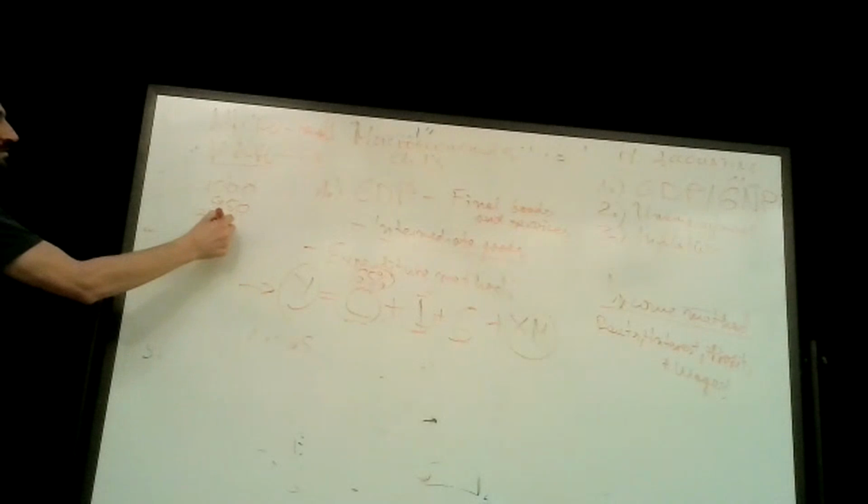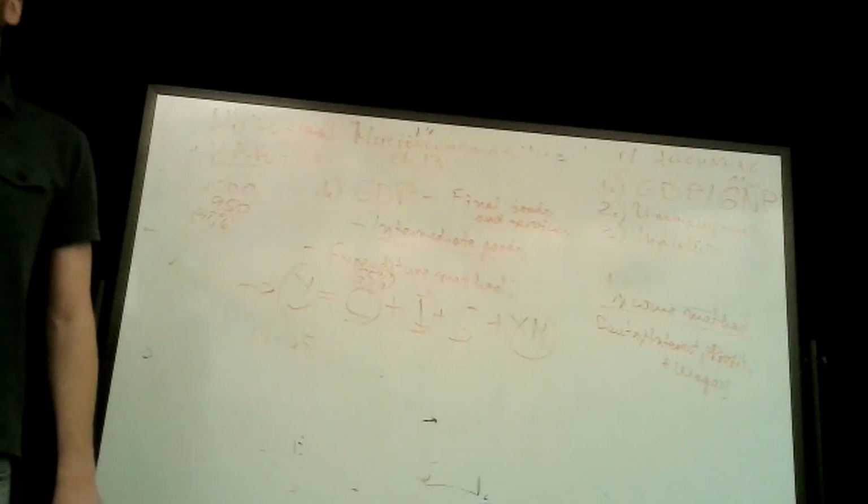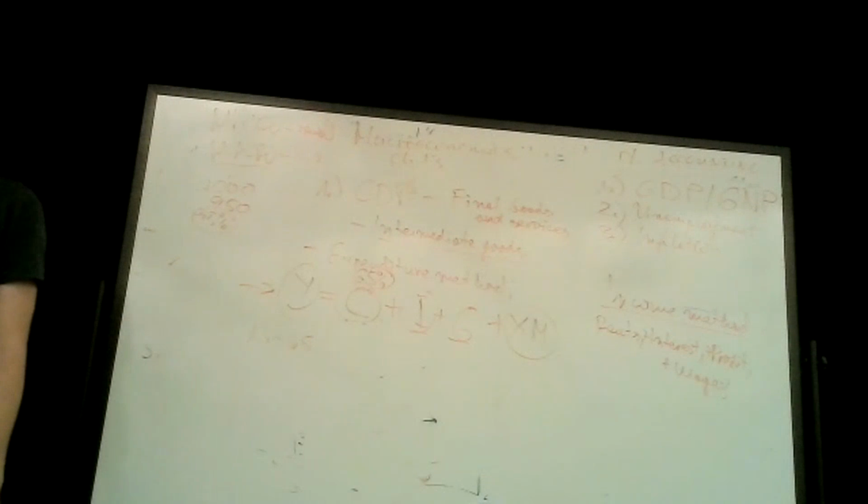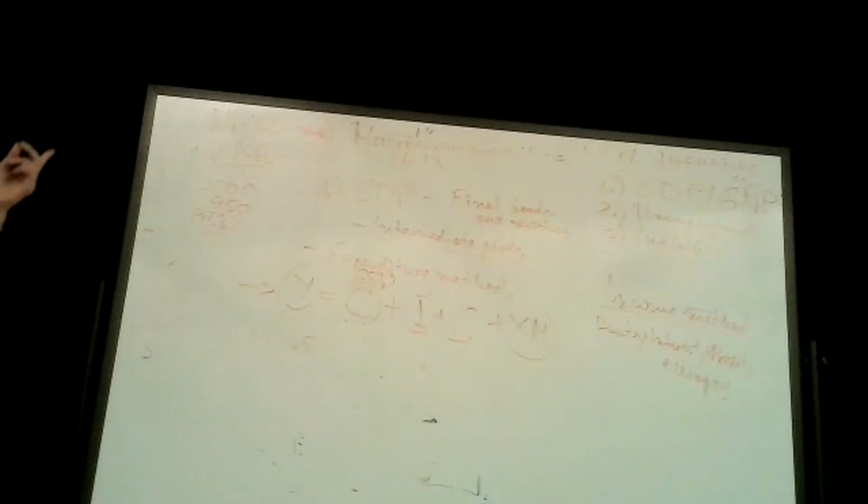So the employment rate is 50. Here it would be 55%. What would be the unemployment rate, do you think? It's not the first thing that you might think by looking at the numbers.